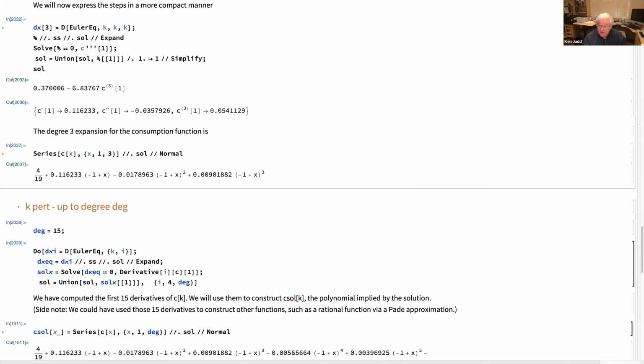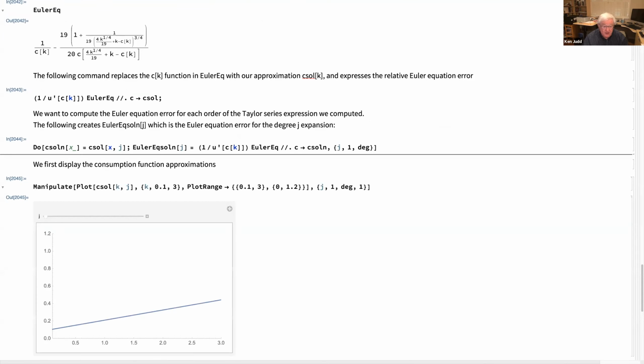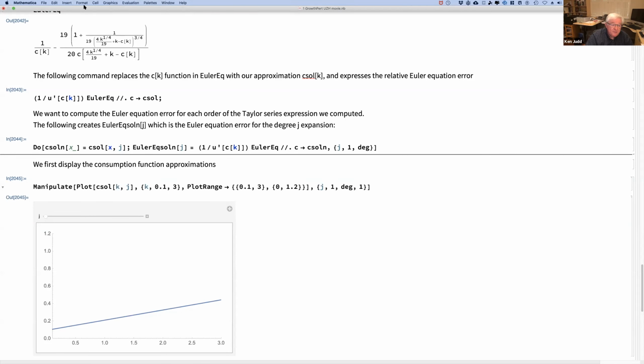Yeah, now you get to see how long it takes. So there, now you see everything that I did has been computed. Now let's get back into slideshow mode.